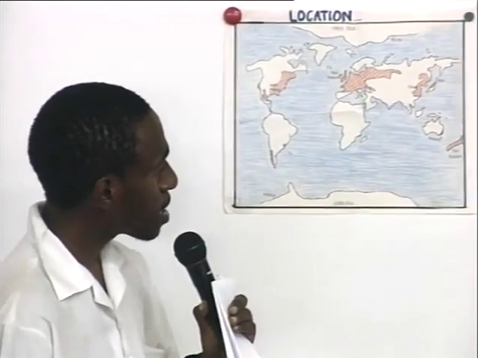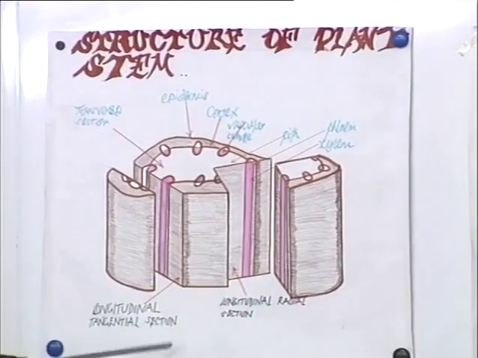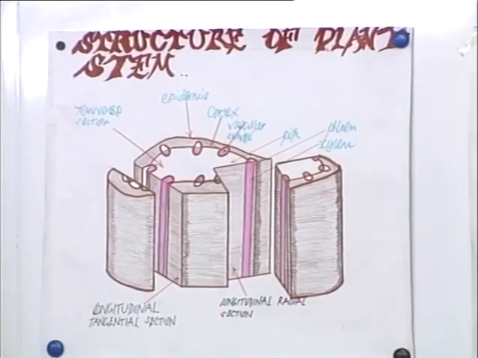I'll be explaining more about the activities that take place in the deciduous trees itself. The diagram here shows a section cut out through a trunk of a tree.